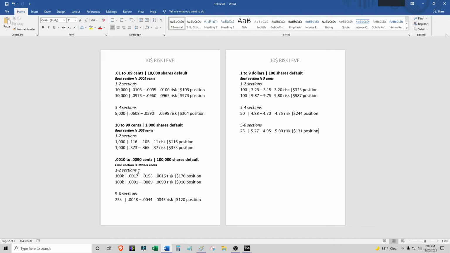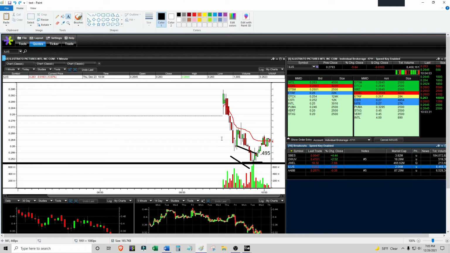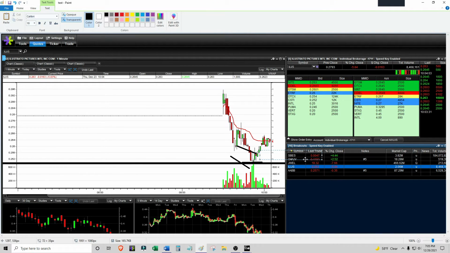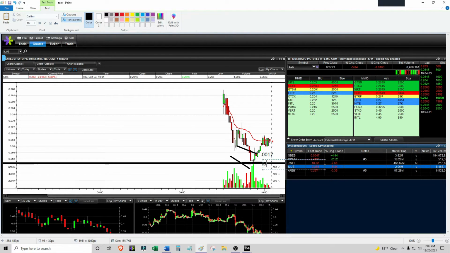Let's do this example right here. 17, and then the risk is 16. You're risking 16. Actually, we'll do one more example because they do trade with a bit of a spread.